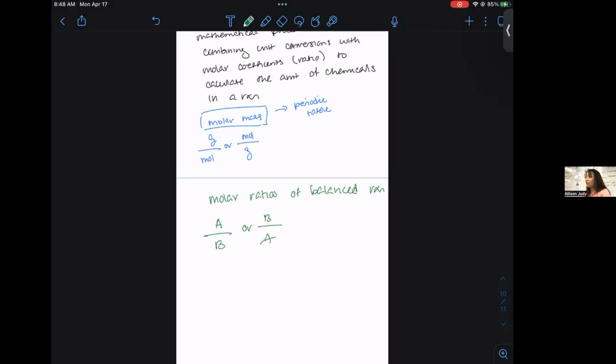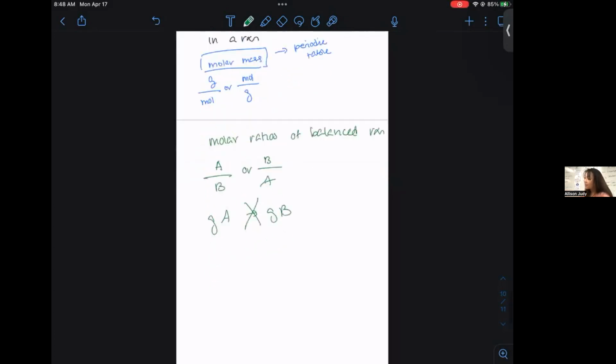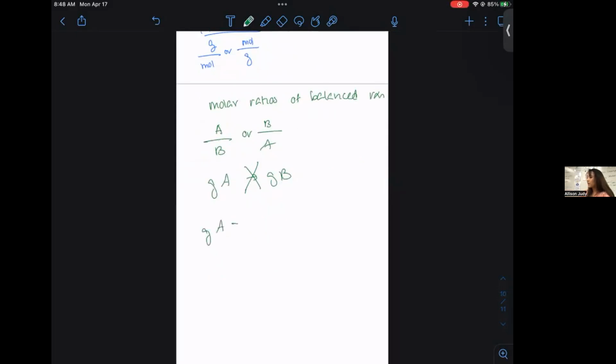You can never, ever, ever switch substances, talk about grams of A to grams of B, in one step. That's impossible. You have to go through the mole. It goes grams of A to moles of A, to moles of B, then to grams of B. You can never go straight from grams of one to grams of another.